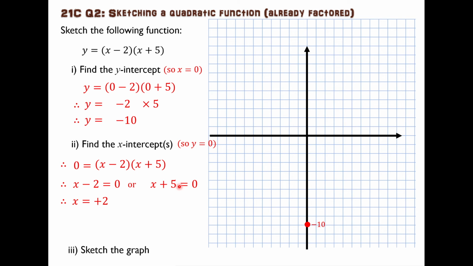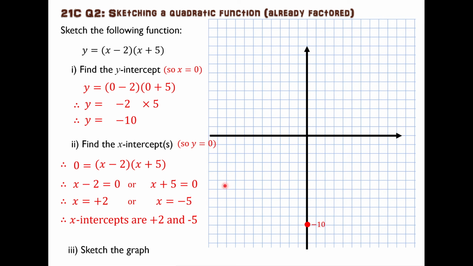Or the solution to this one, plus 5 moves to the other side, becomes negative 5. 0 take 5 is negative 5. So that side, x equals negative 5. So there are actually two x-intercepts. There are 2 points on this line where y equals 0. And one point is x is 2, and one is x is negative 5. Those are the x-intercepts.